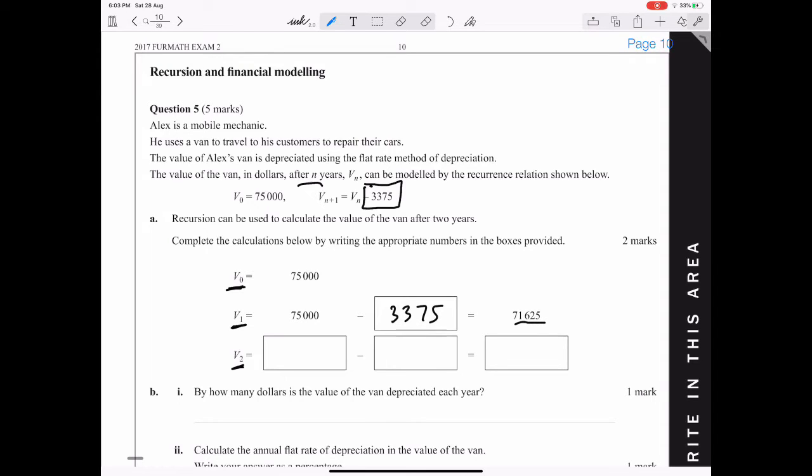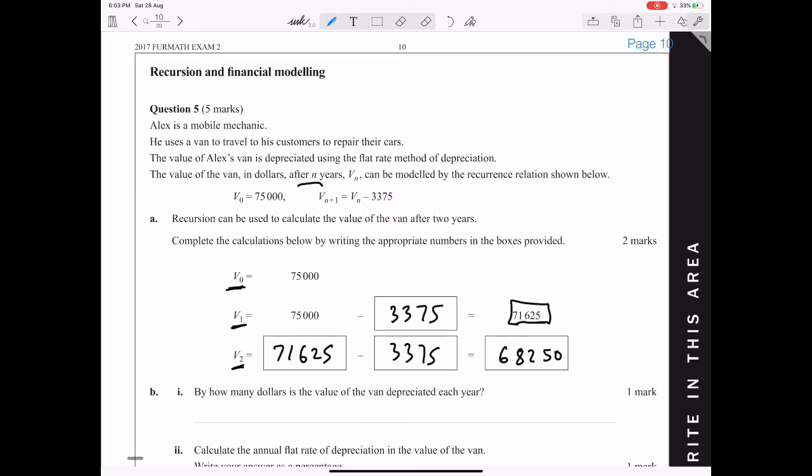So V2, to find the value of V2, we use the value from V1, which is 71,625, minus $3,375, because we know the van depreciates by $3,375 each year, as shown by the recurrence relation. Do that on your calculator, and you'll get 68,250.